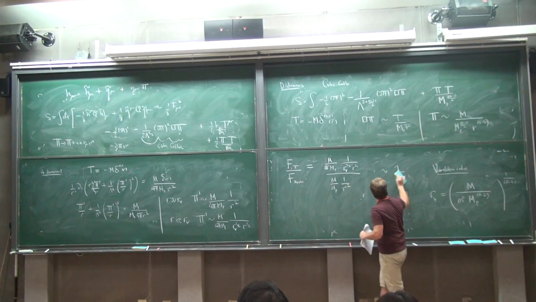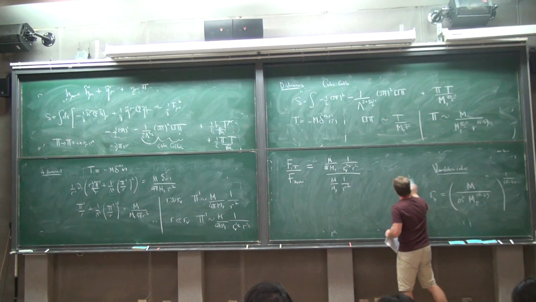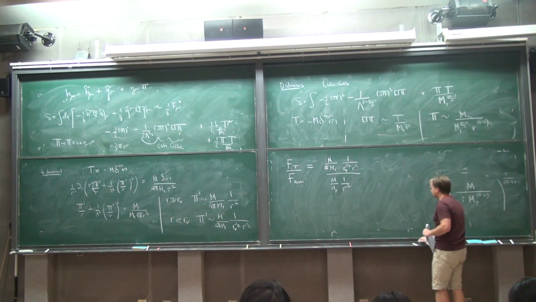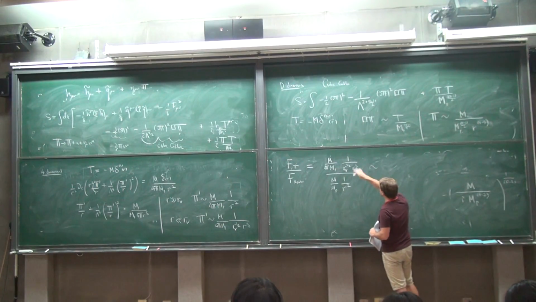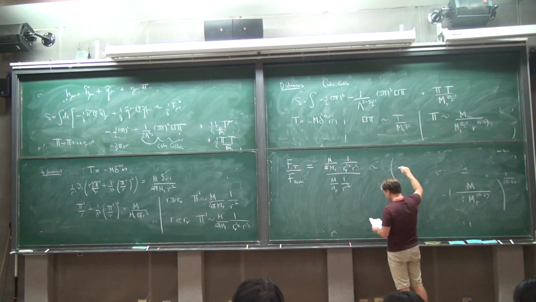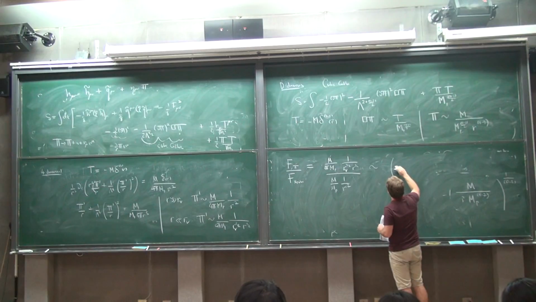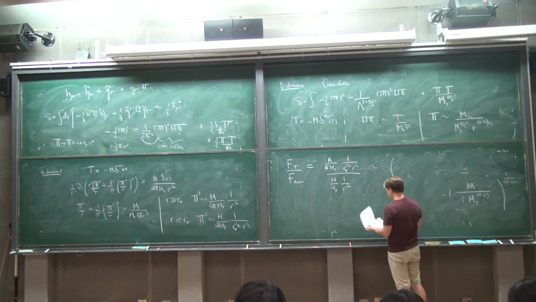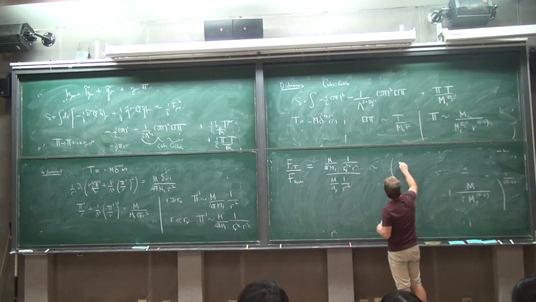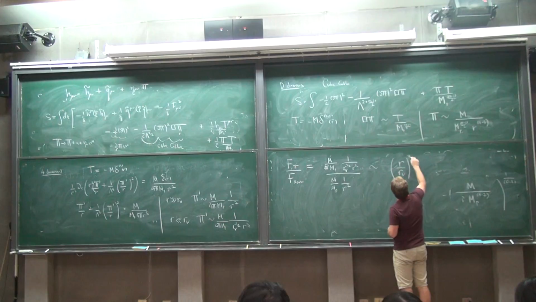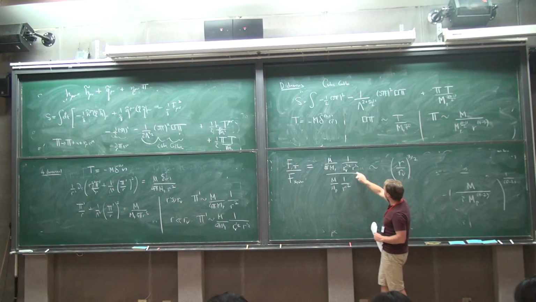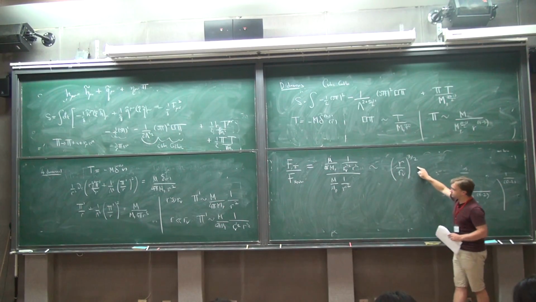Now rearrange that and ignore the order unity factors. This will scale like r over r Vainshtein to the power of 3 over 2, because it's 1 over r squared times r to the half.